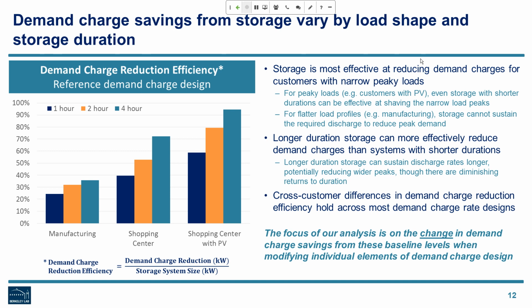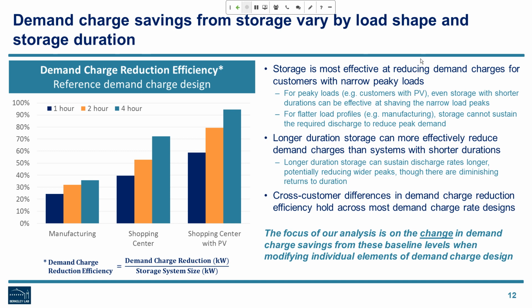Of course, longer duration can be more effective at reducing demand charges than shorter duration storage. This is simply because longer duration can sustain discharge rates longer, and this potentially reduces wider peaks, though there are diminishing returns to duration.